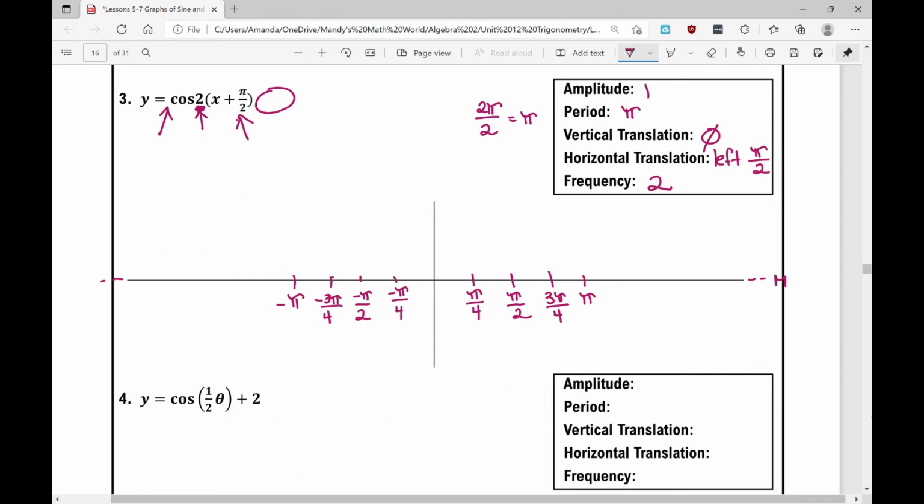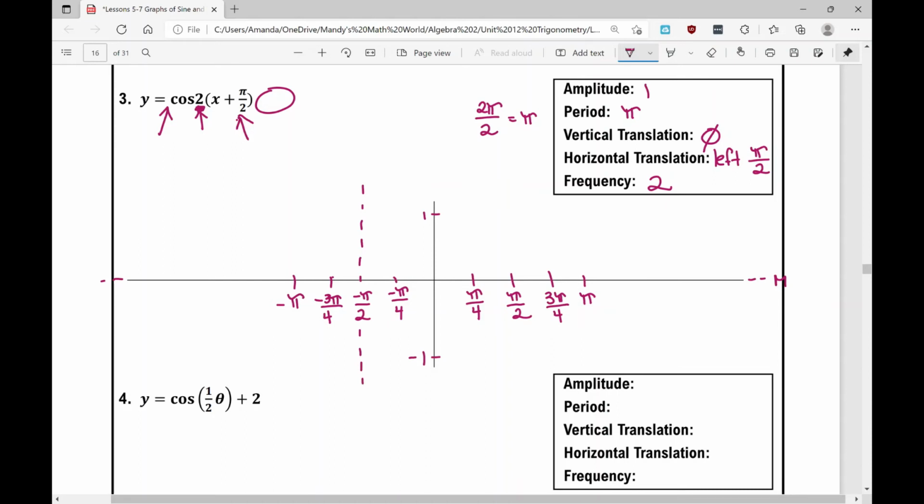I know my amplitude is 1 and negative 1. So if you need to pause the video to catch up with what I've labeled, go ahead and do that. Because we have a phase shift, we're moving over to the left, negative pi over 2. This is becoming my new y-axis, if you will.